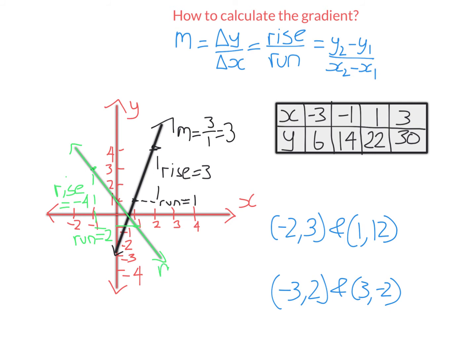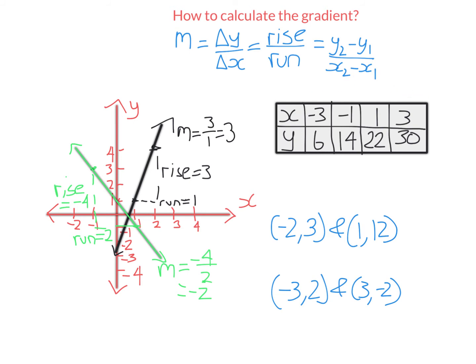So the gradient of this green line is rise over run. -4 divided by 2 is -2. The gradient of the green line is -2. So the green line has a negative gradient because it leans left, and the black line has a positive gradient because it leans right.